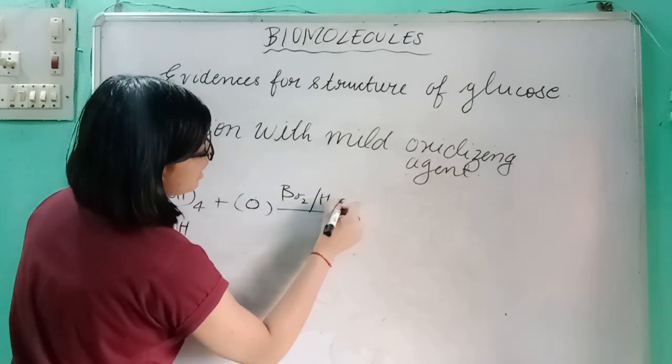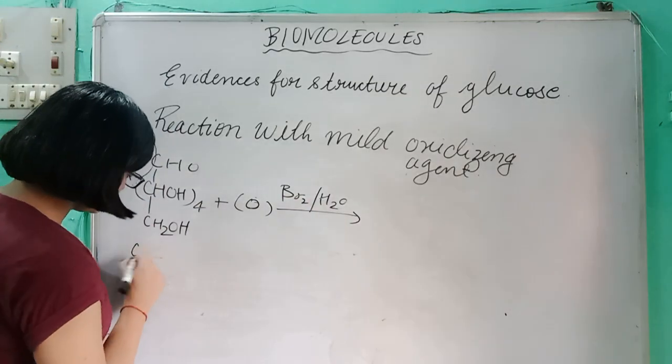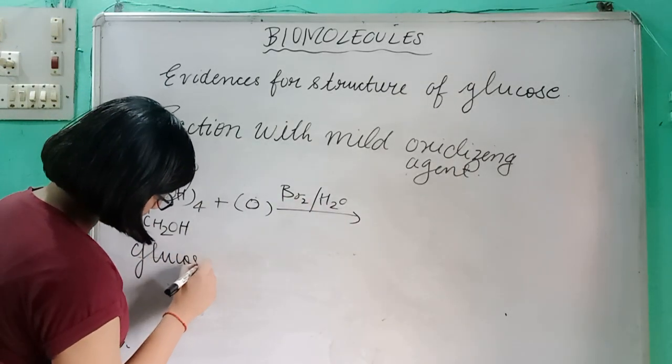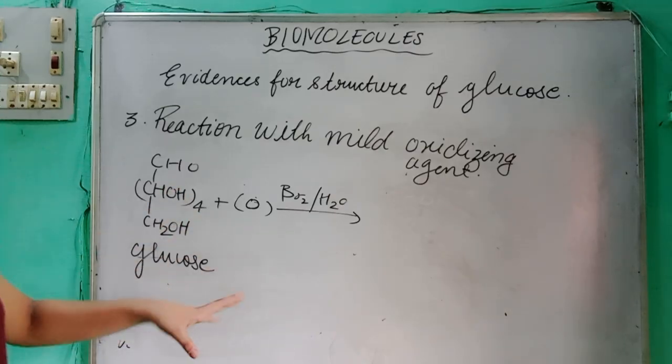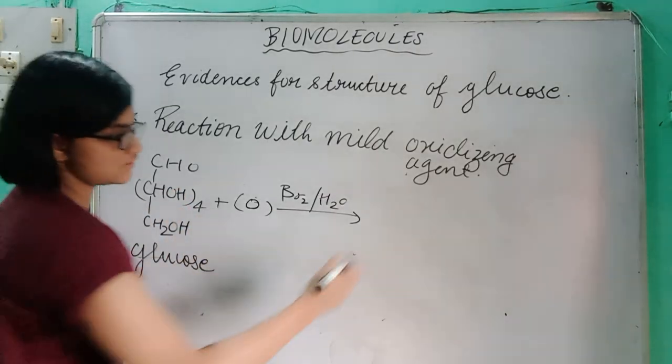So here our mild oxidizing agent is bromine water. So when glucose reacts with bromine water, that is a mild oxidizing agent, any mild oxidizing agent, here we are taking bromine water, then gluconic acid is formed.